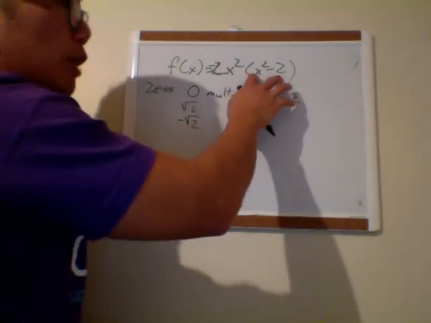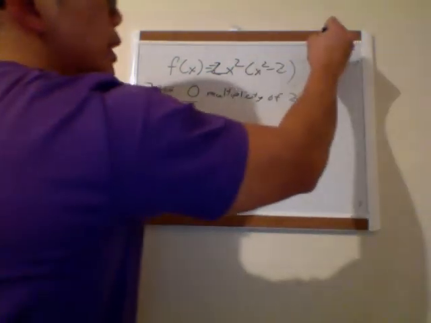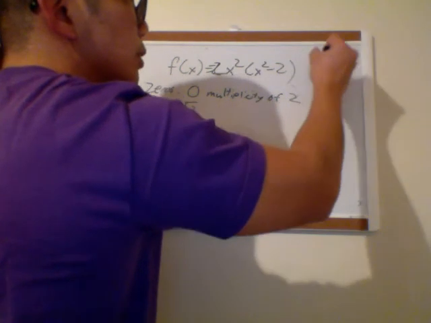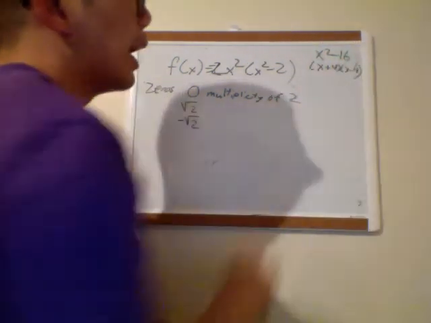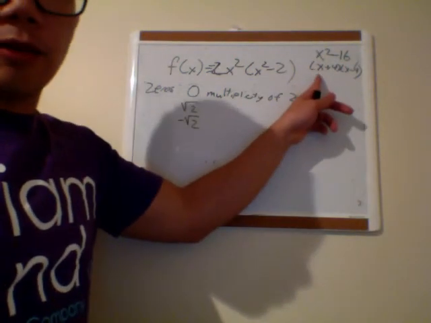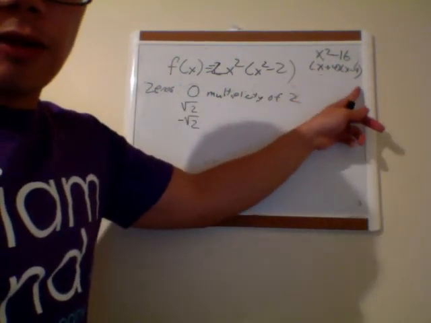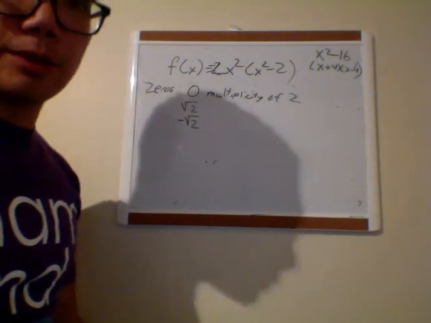Even though we haven't really factored something like this, we know what x squared minus 16 breaks down into. That breaks down to x plus 4, x minus 4. And if this was the case, I could say negative 4 has a multiplicity of 1, and 4 has a multiplicity of 1.